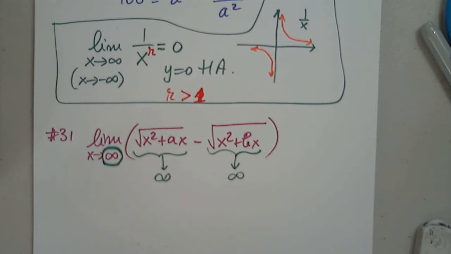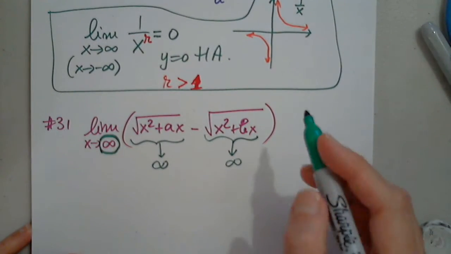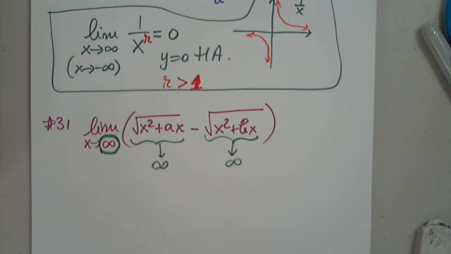Okay. Now look at this function and say, I think I know what I should do. And tell me, what is that? Look at the type of function this is and say, aha, or without aha, and just tell me what I should do.